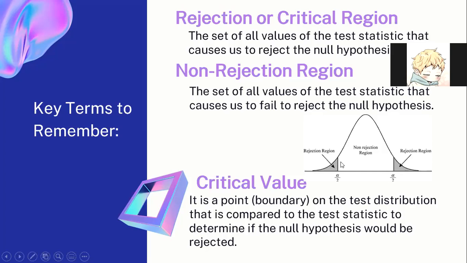Yun din yung tinatawag na critical value, the critical value or the tabular value. Kasi for you to decide whether to reject or to accept, you have to compare that critical value to the computed value. Okay?